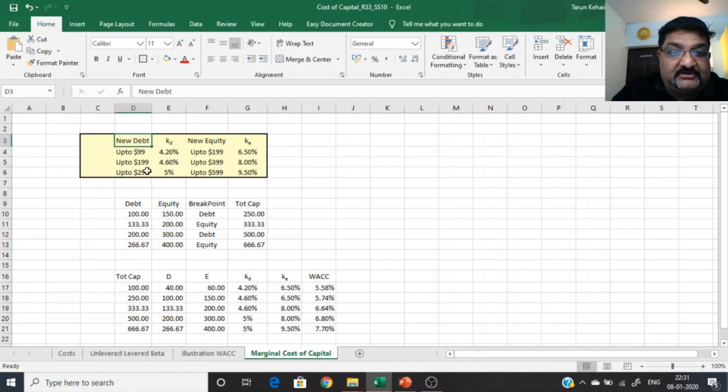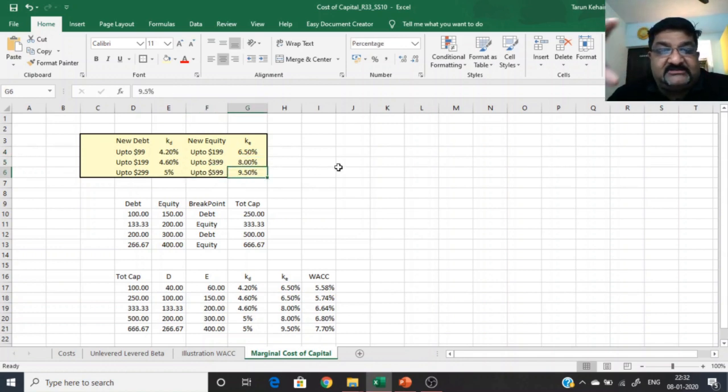If this particular organization issues new debt, up to $99 of debt, the cost of debt post-tax will be 4.2%. Up to $199, it's 4.6%. Up to $299, it's 5%. Similarly, for equity, up to $199, it will cost them 6.5%. Up to $399, it's 8%. Up to $599 is 9.5%.